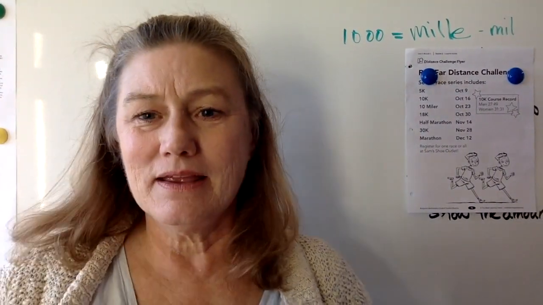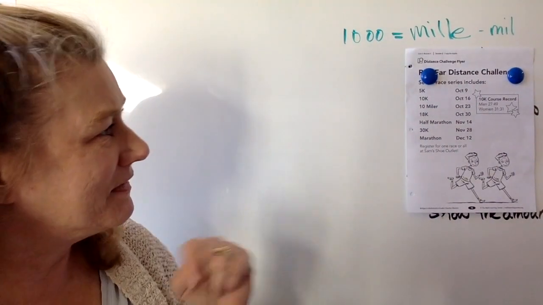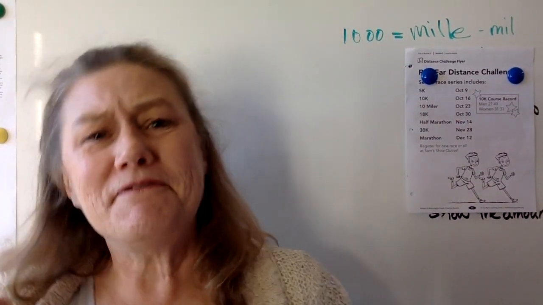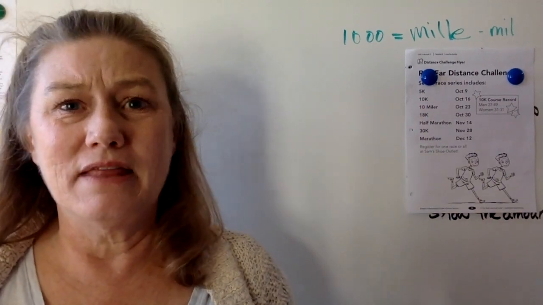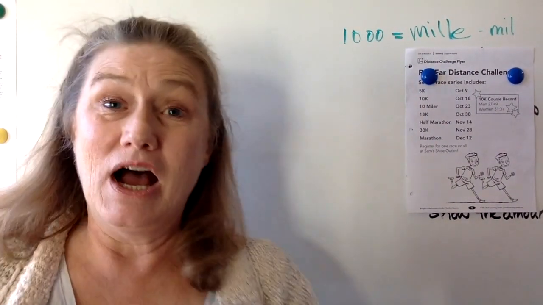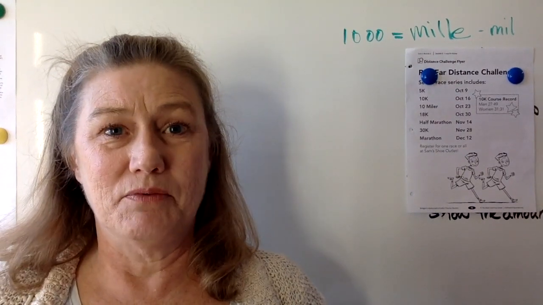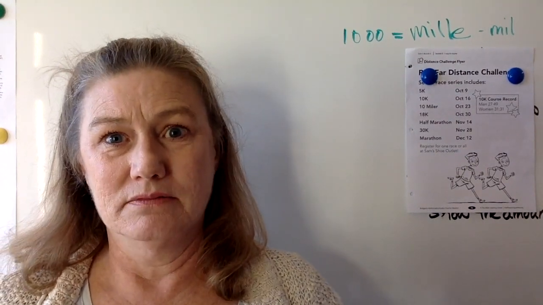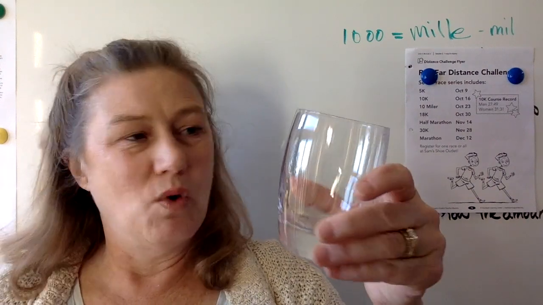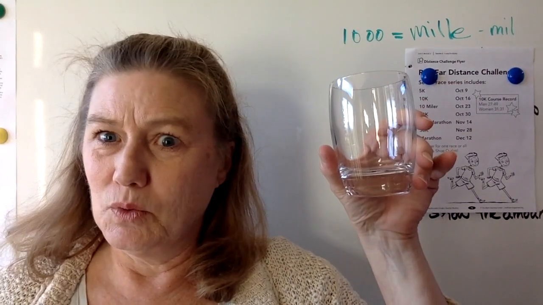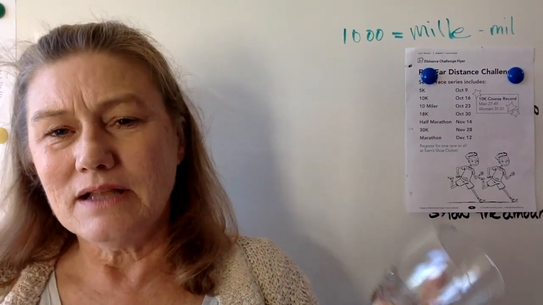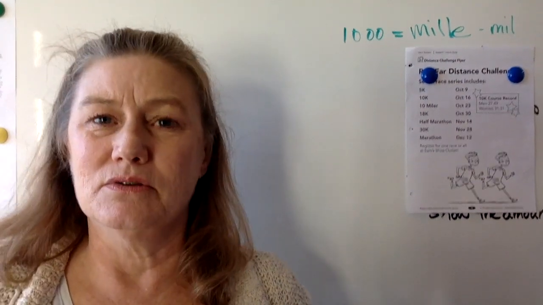So I'm going to give you an example. We've been talking about the distance challenge and doing a 5K run and how long that would be and how much time and how fast it is. Well, one really important thing when you're doing all that running is water. Oh, you got to have some water. Let's say I wanted to fill up water.